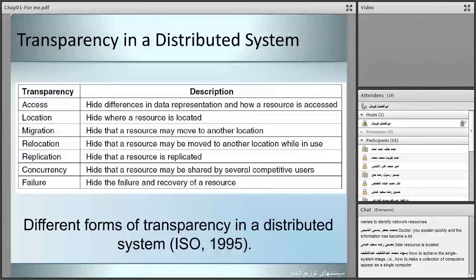So if we can hide the location of our resources, in our system we have location transparency. It's about failure, Mr. Ahmad, completely hiding failures. That's failure transparency, not location transparency.